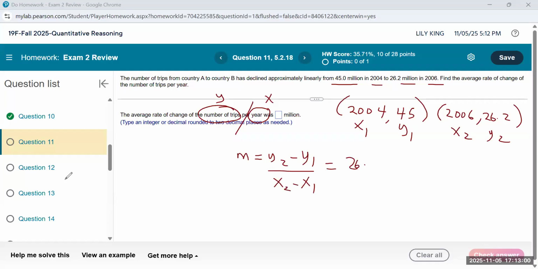We have 26.2 minus 45, divided by 2006 minus 2004. So it's negative 18.8 divided by 2. That is negative 9.4.